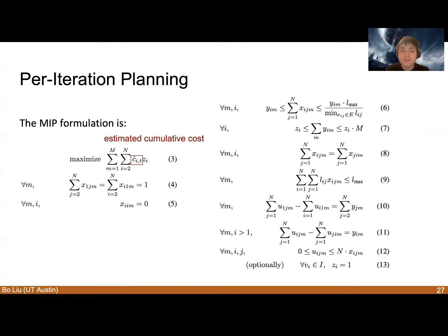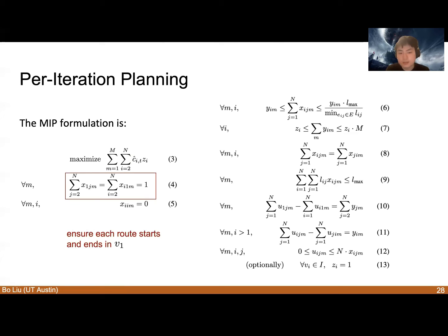First, the objective is we want to maximize the cumulative cost that we can cover by the current planning. And in order to do that, we just multiply the cumulative cost C by the variable Z. Z denotes whether we visit a vertex V_I. Then we have constraint 4, which ensures each route starts and ends in V1.